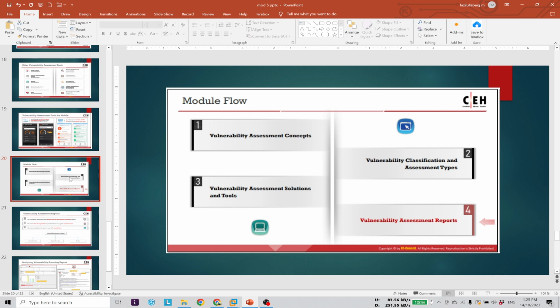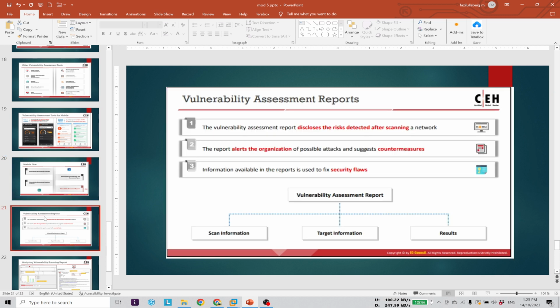Vulnerability assessment reports: how the reports will look if we perform any scan, automatic or manual. Burp Suite is the tool where we can perform automatic or manual scanning, both are possible. Let's see the vulnerability assessment reports.